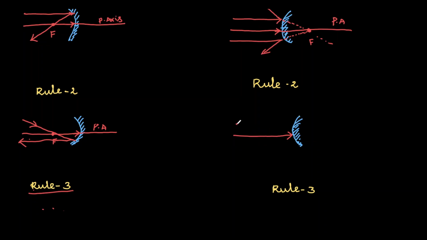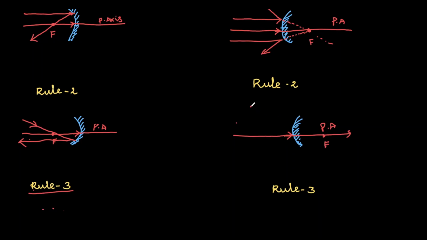Second rule: when a light ray passes through the focus. This is the principal axis, and this is the focus.